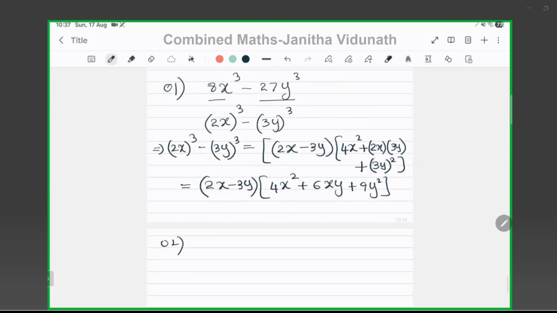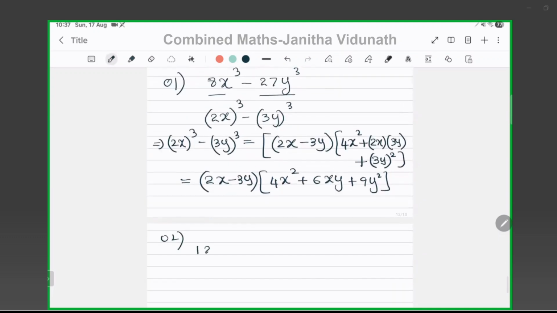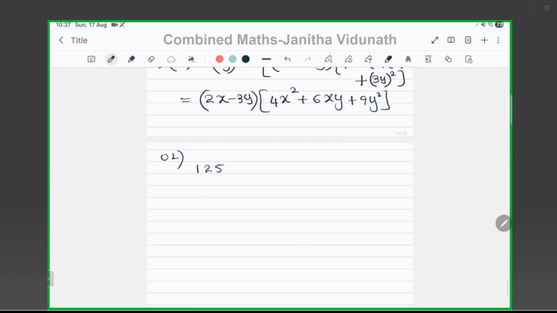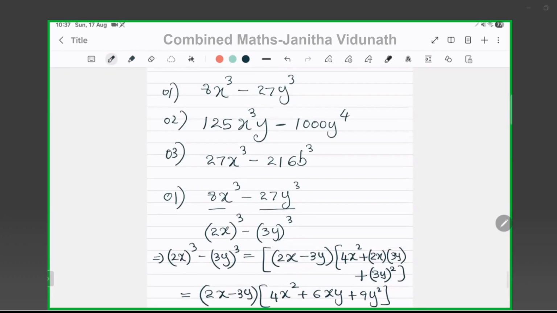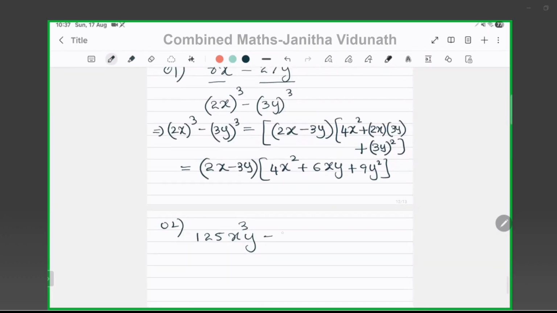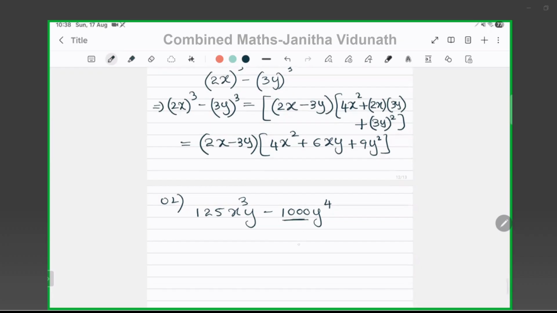Our second question is 125 times x cubed times y minus 1000 times y to the power 4. Here we have 1000. We know that 250 times 4 is 1000.